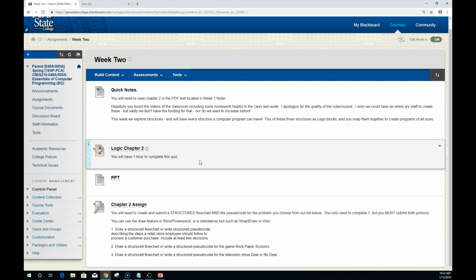Your assignment says you're going to create and submit a structured flowchart and the pseudocode. You have to do both pieces, and you have a list of problems you can use. You're going to draw a structured flowchart or write structured pseudocode describing the steps a retail employee should follow to process a customer purchase. Include at least 2 decisions or selections in there.